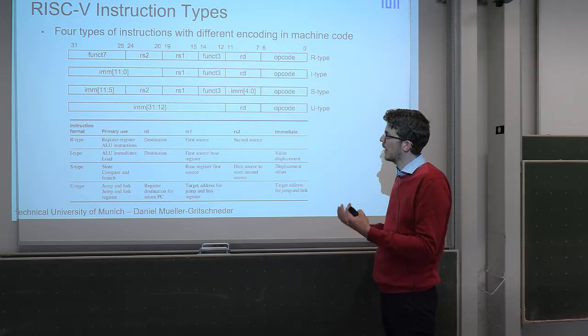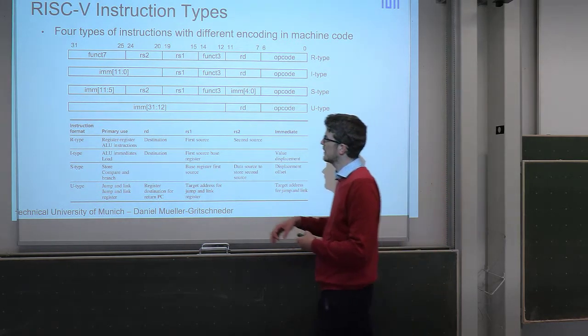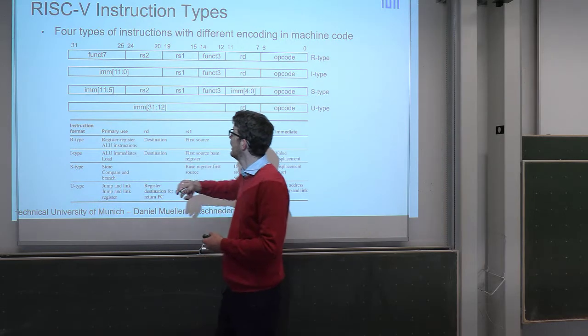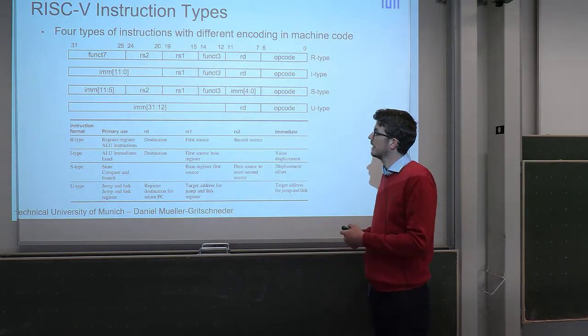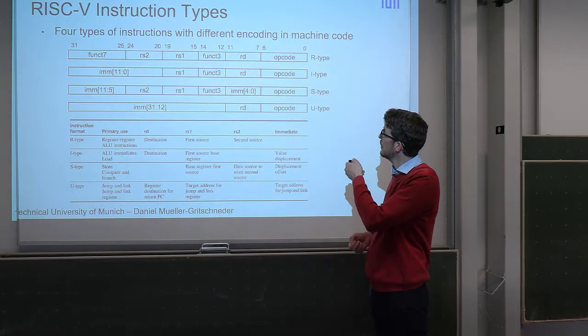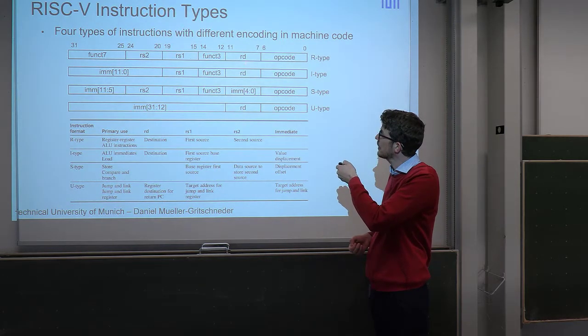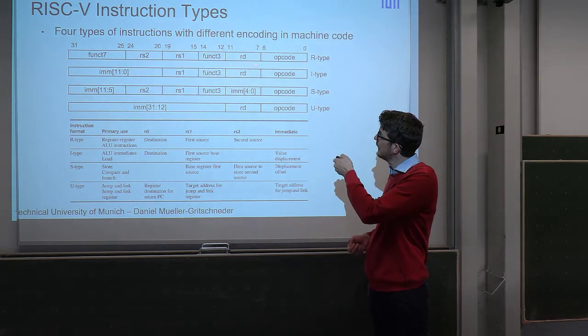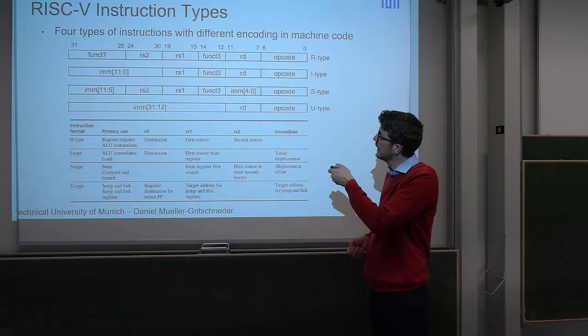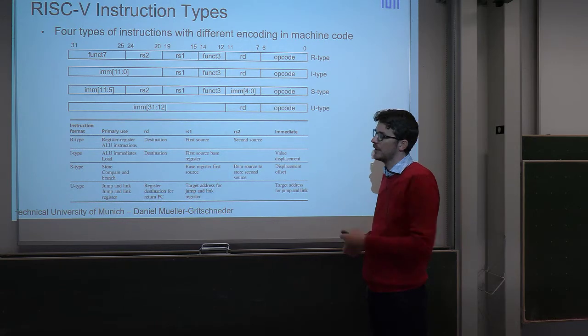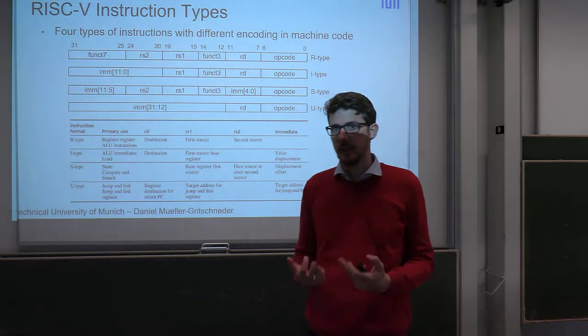R-type is, for example, for register ALU instructions, right? And this is, for example, like this add instruction we have seen. So this opcode would tell you this is an add instruction. Here in this field, the bits would tell you what is the destination register. And then these bits will tell you what is the operand register and what is the other operand register. All right?